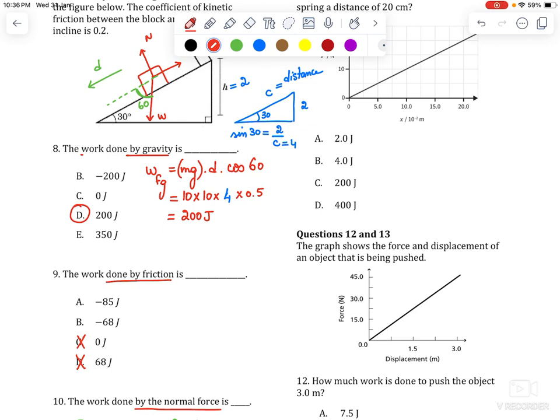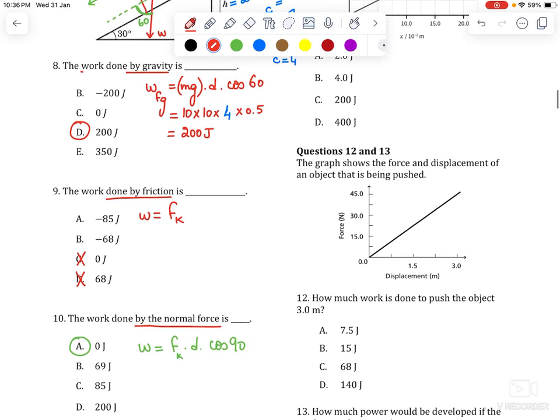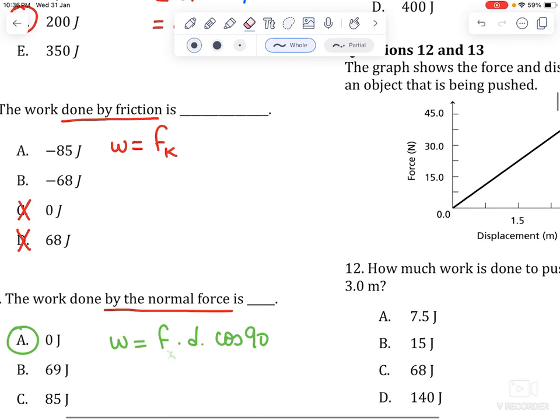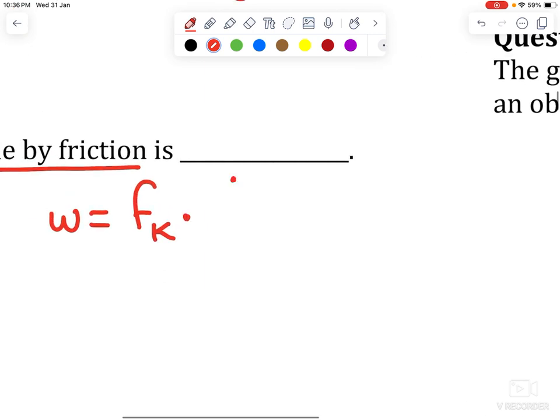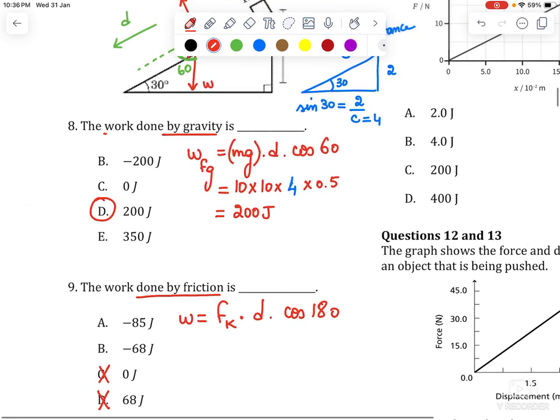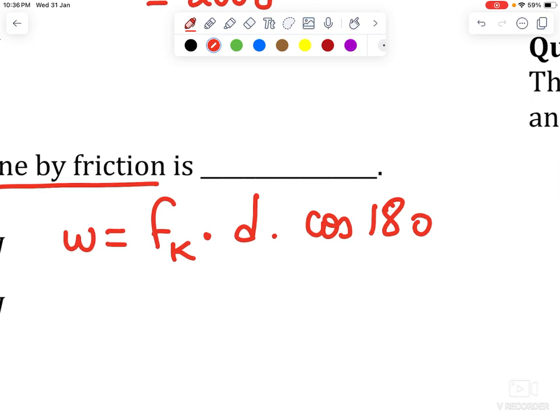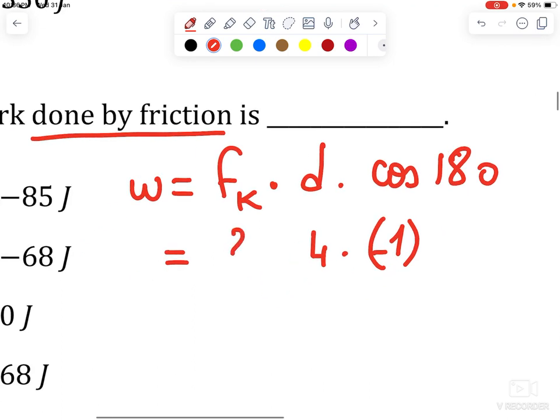So the work of friction is actually the force of friction by the distance by cosine of 180, because they are totally opposite to each other. Now the question here is, what is the force of friction? I know that the distance is now 4 and cosine of 180 equals -1.